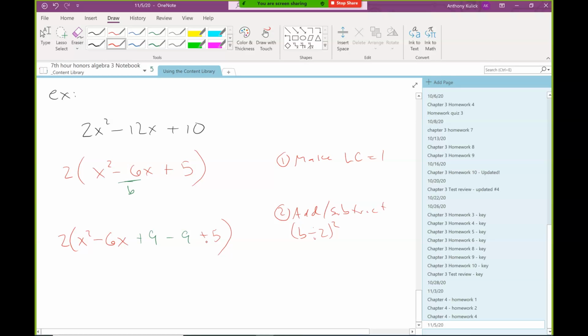Again, b was negative 6. Negative 6 divided by 2 is negative 3. And negative 3 squared is 9. So b divided by 2 squared is 9. So that's where the plus 9 and minus 9 came from.